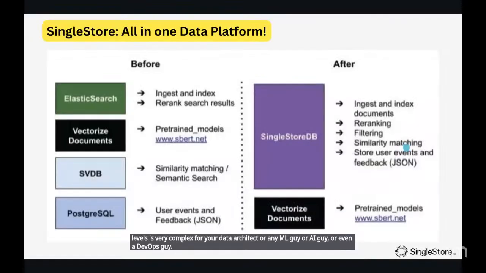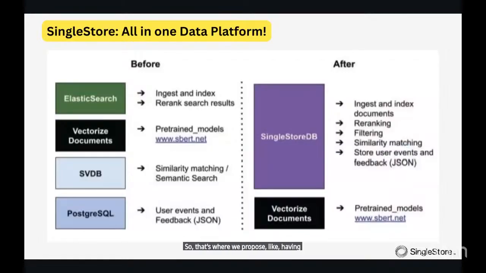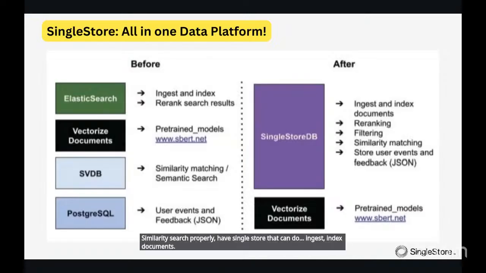So that's where we propose having an all-in-one data platform like SingleStore. Instead of having a specialized vector database that does similarity search, have SingleStore, which can ingest and index documents, supports all types of data, does re-ranking, hybrid search, similarity matching, and much more.